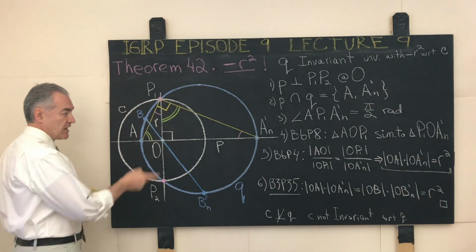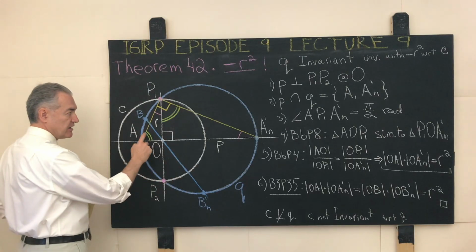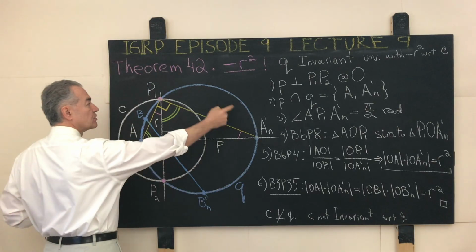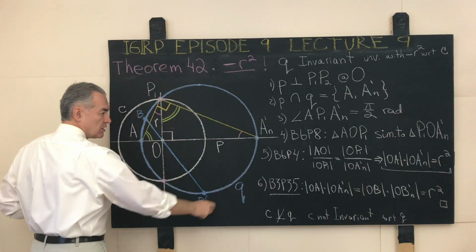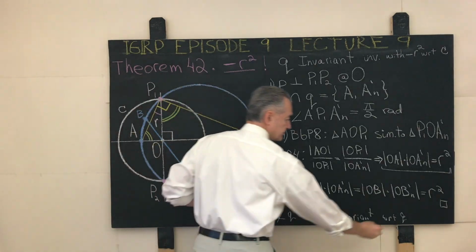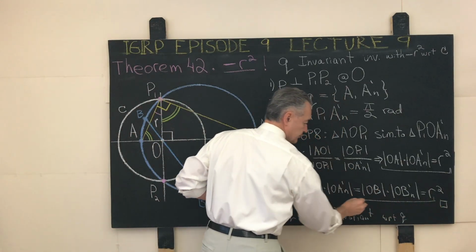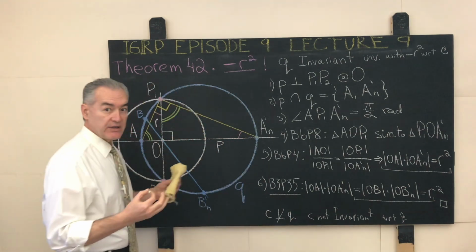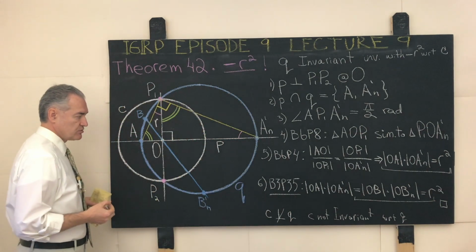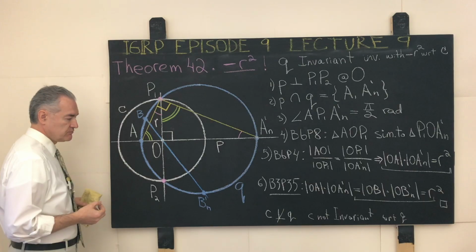And voila, that means precisely that all the other points on the circle Q honor this workhorse algebraic definition of the inversion of the real plane with respect to a circle.